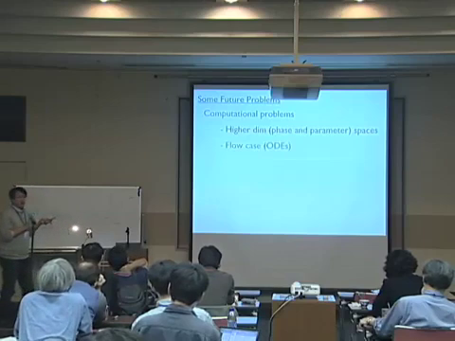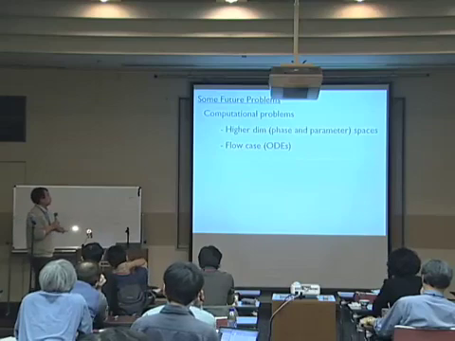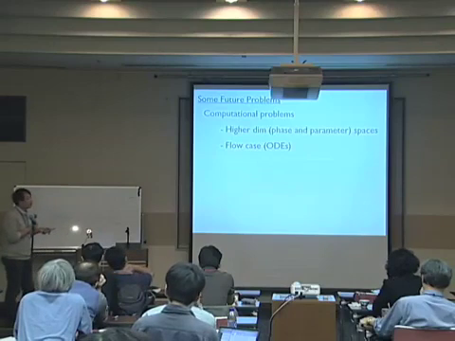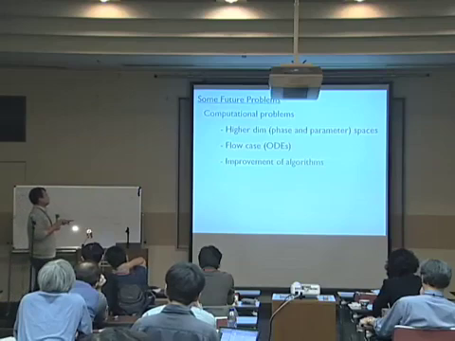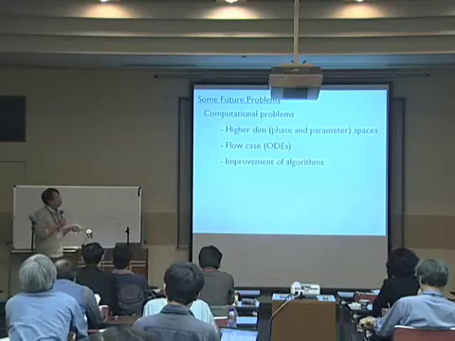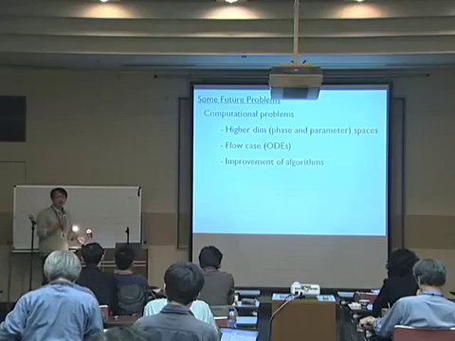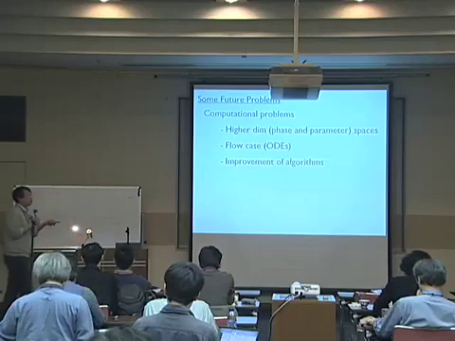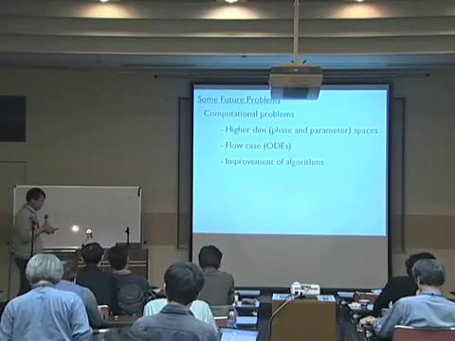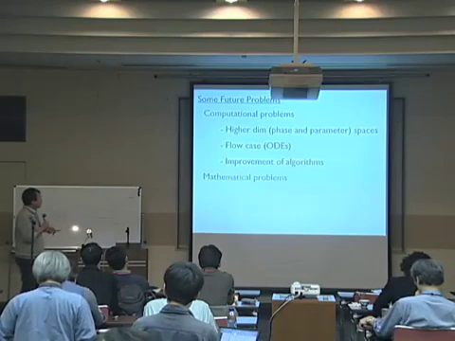Also, this is a discrete dynamical system, iterative maps, so we also have to think about the flow case or ordinary differential equations. For those computations, we need more efficiency. So we are now working on improving the algorithm to make the computation faster and capable of treating those more difficult problems.